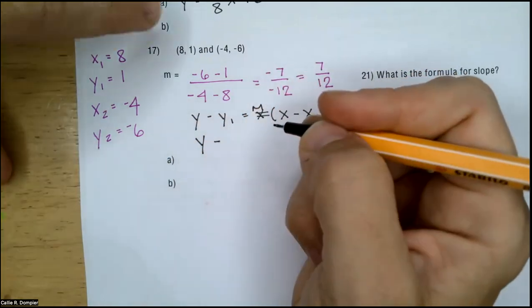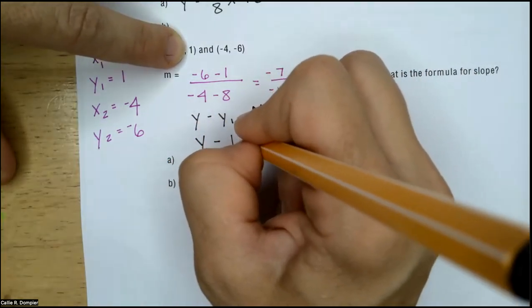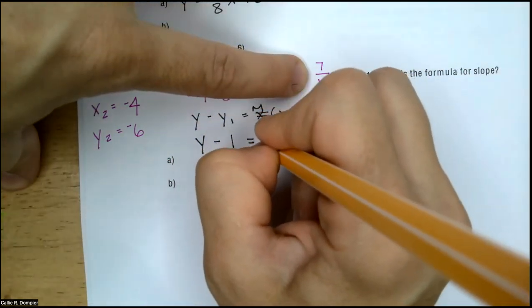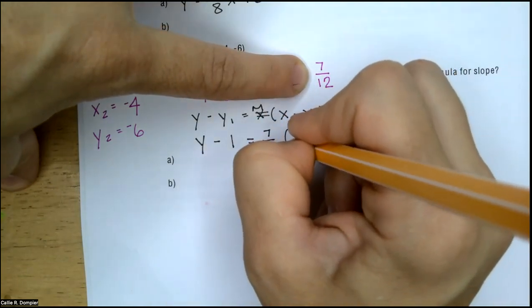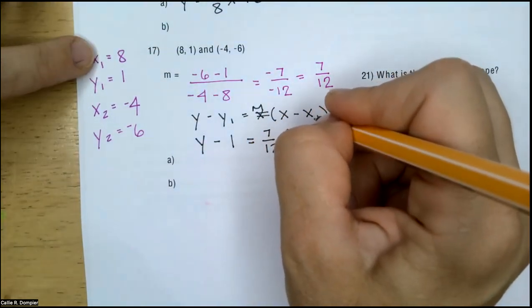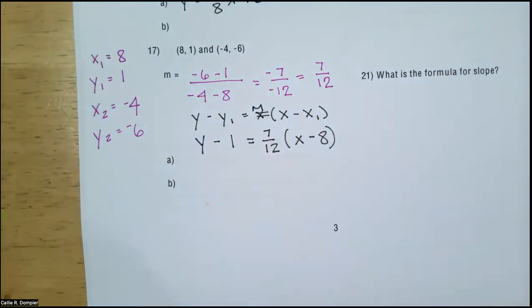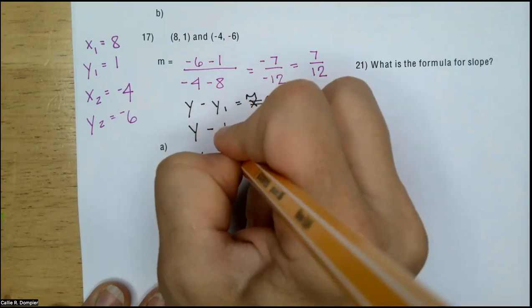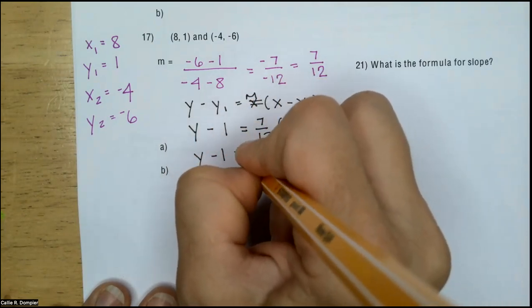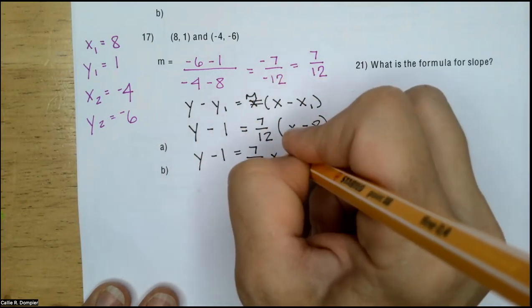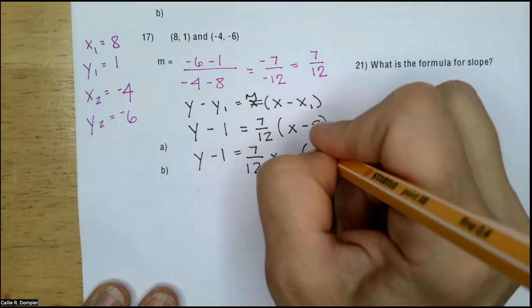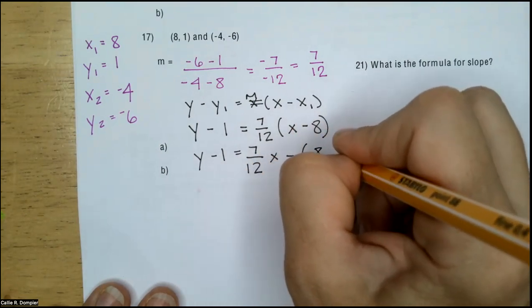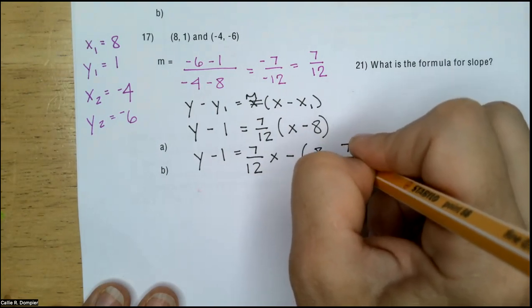y minus y1 is 1 equals slope is 7/12 times x minus my x1 was 8. Okay? Becomes y minus 1 equals 7/12 x minus 8 times 7/12.